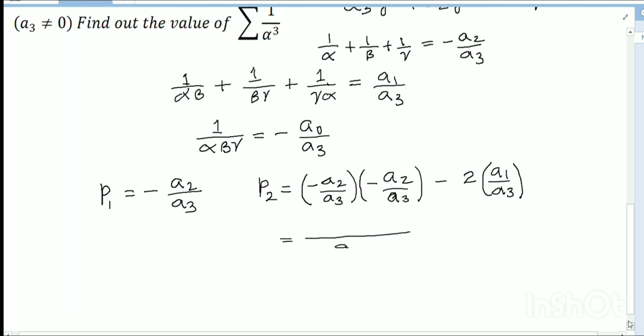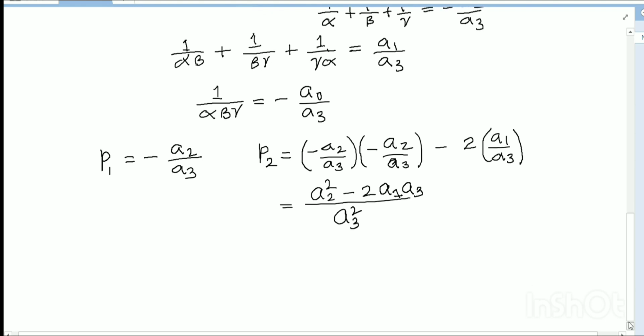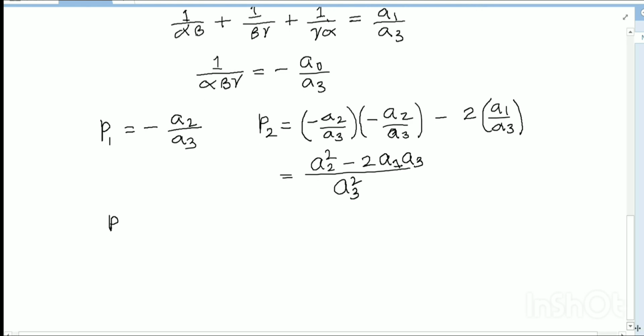So we can write a2 square minus 2 a1 a3 divided by a3 square. So you see that p2 is equal to a2 square minus 2 a1 a3 divided by a3 square.